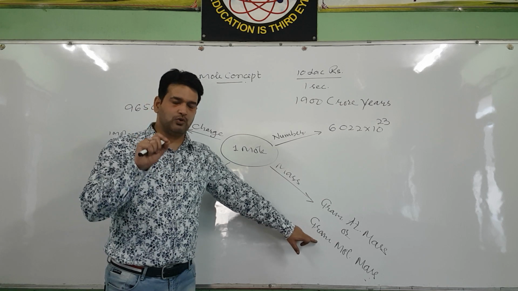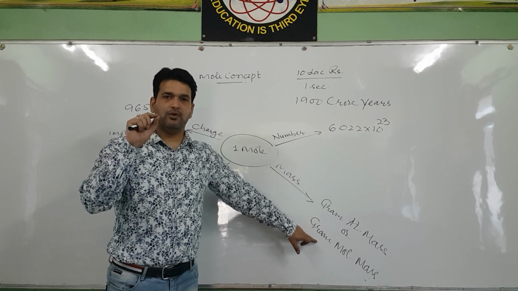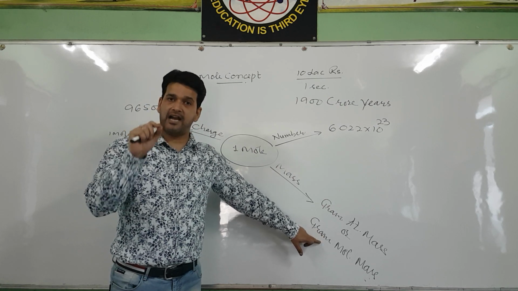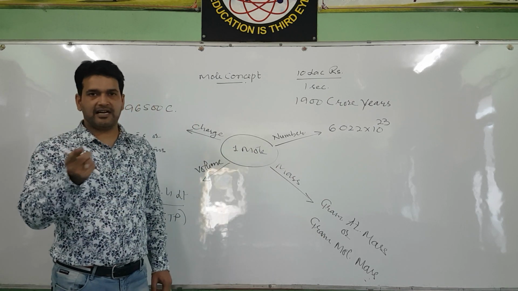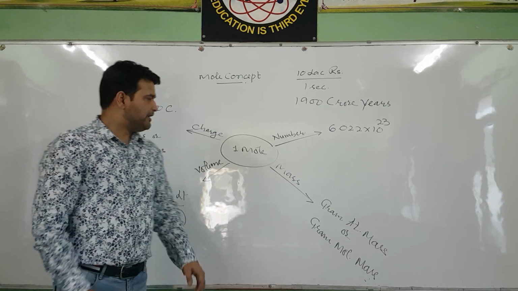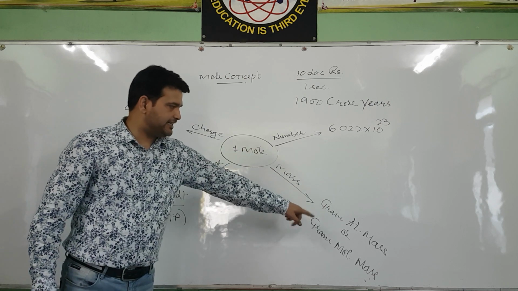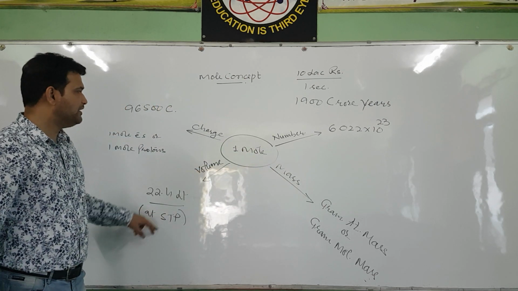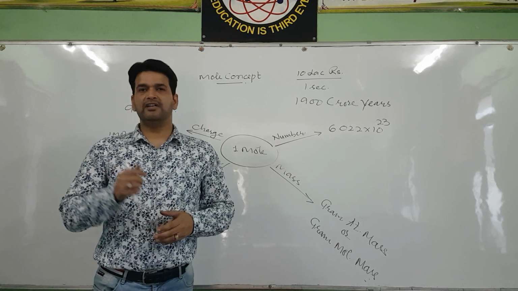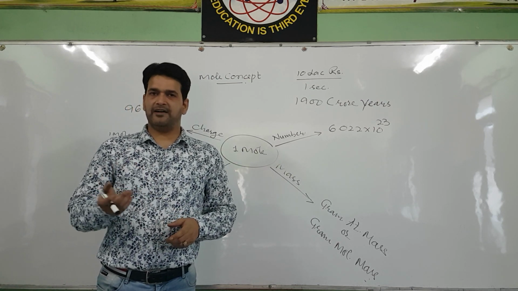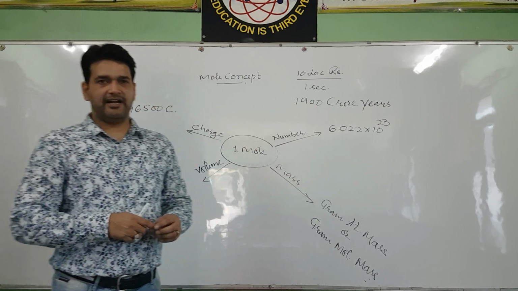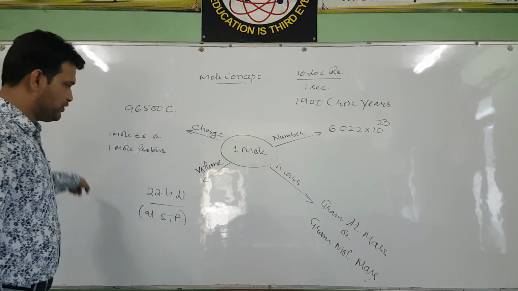In 18 gram water, 1 mole water molecules will be there. So mole is expressed in terms of mass, volume, and charge for the sake of simplicity. This concept is widely used in numericals.